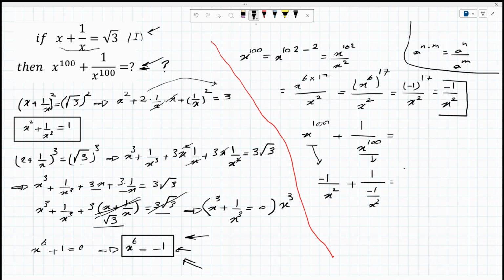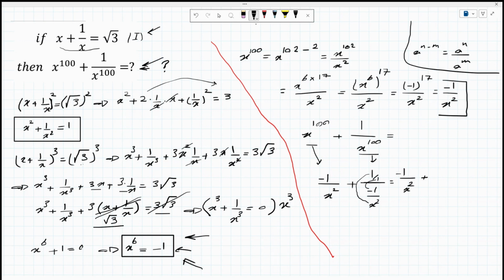This equals, the first term has no changes, minus 1 divided by x2, plus the second term, here we have 1 over minus 1 over x2.